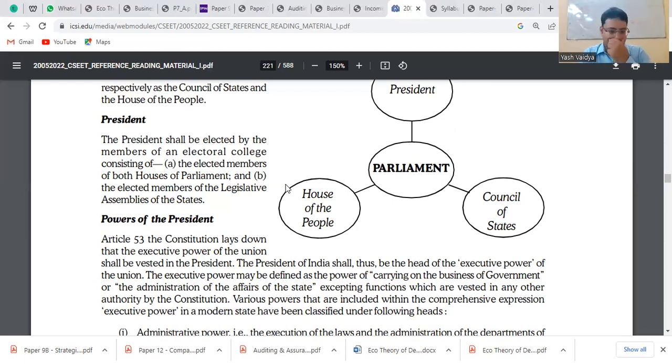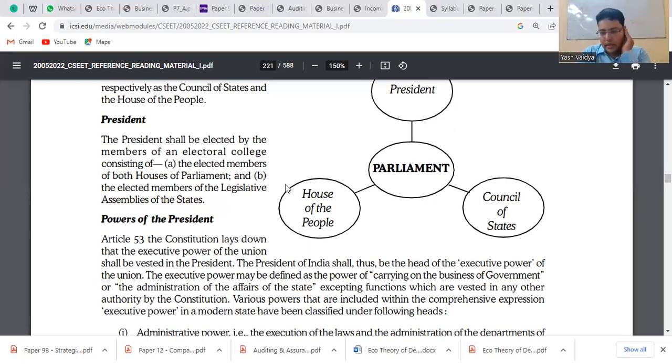Okay. So in Rajya Sabha, there are certain seats which are reserved for Maharashtra. So the MLAs of Maharashtra will choose those MPs among themselves. Okay. So MLAs of Maharashtra will choose MPs for Rajya Sabha.